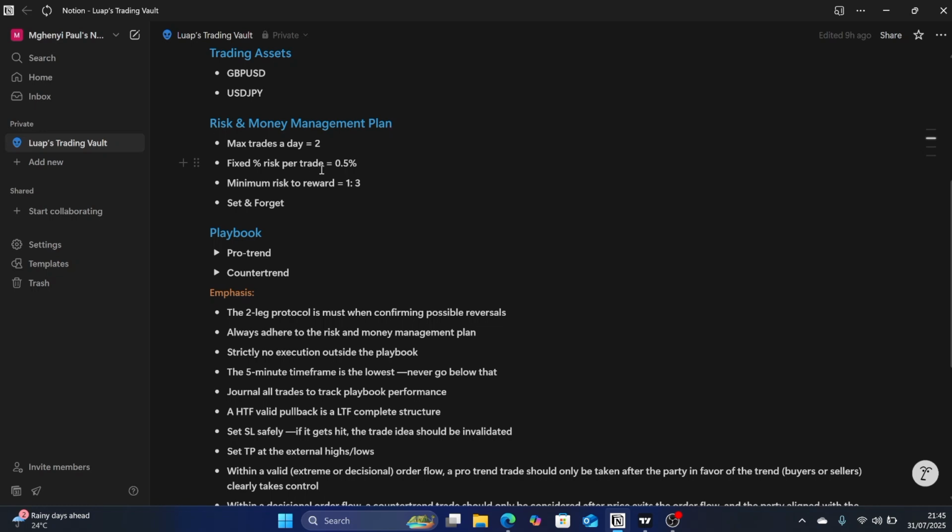This is very important. I know most of you guys are using a fixed lot size. If you're using a fixed lot size, I think this is the moment that you should stop using it.